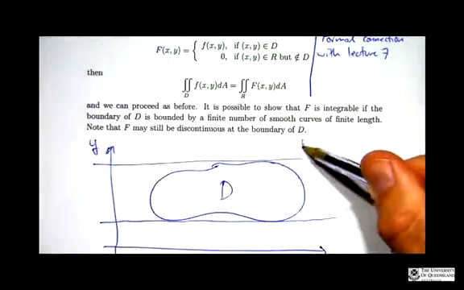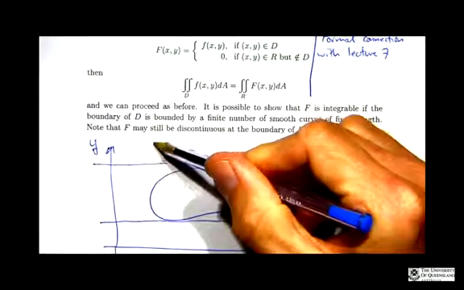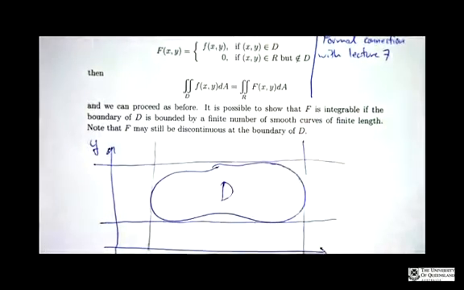Now the rectangle doesn't really have to touch the region D. They don't have to have common boundaries.